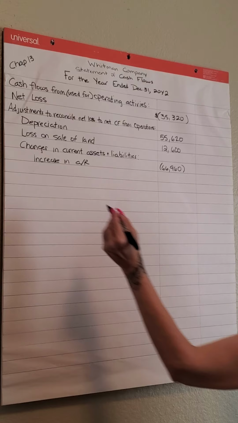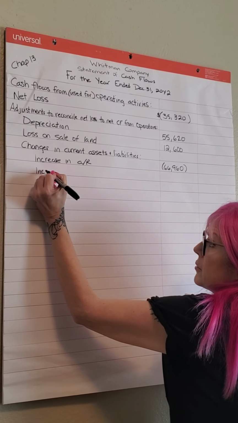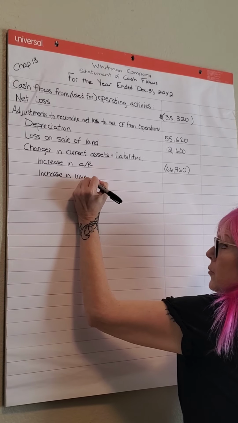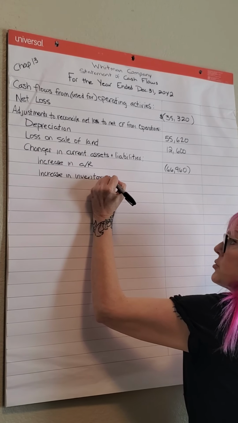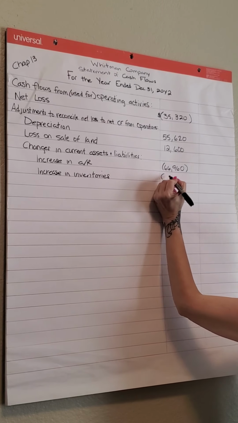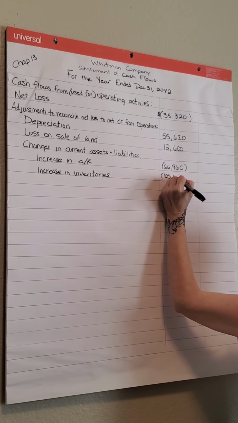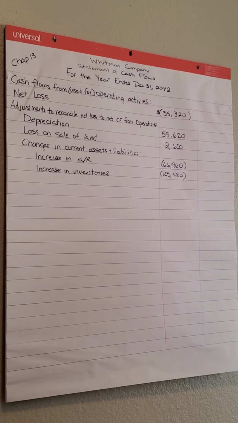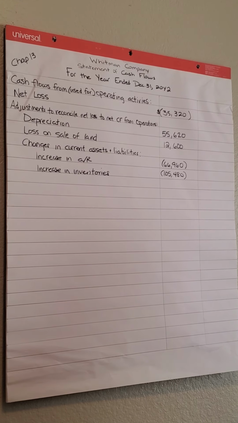So we're going to put increase in inventories, and just remember, this is the indirect method that we're using. It's $105,480.